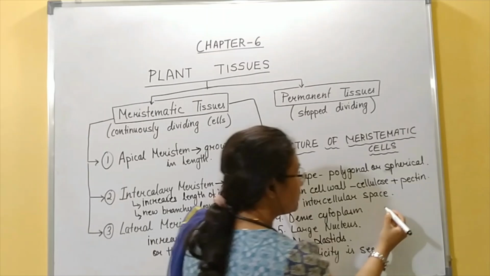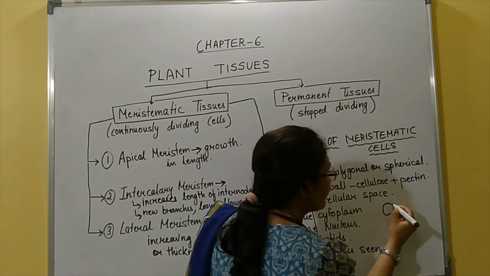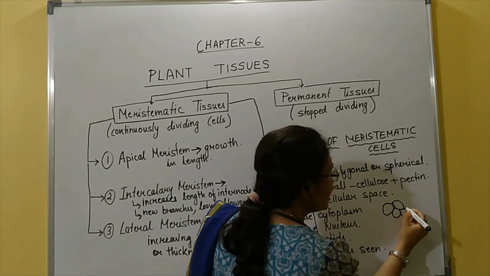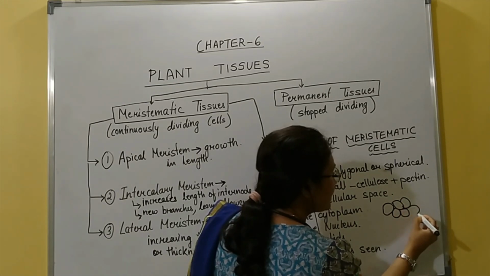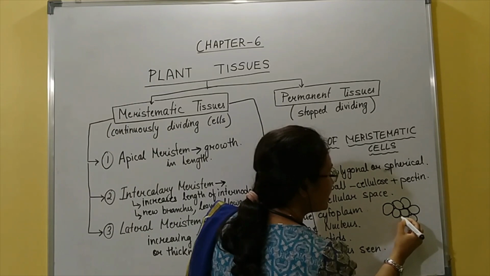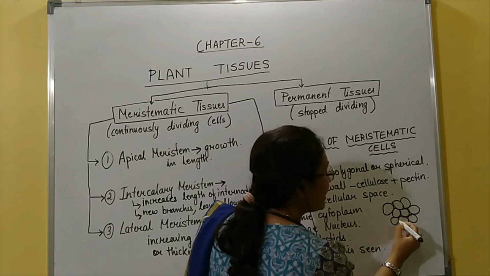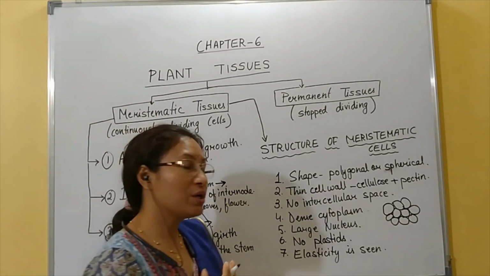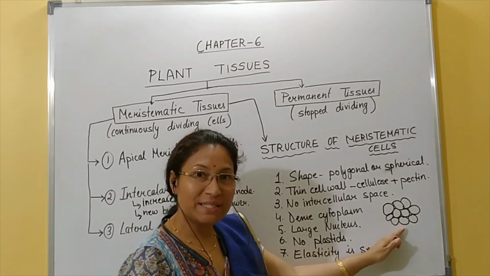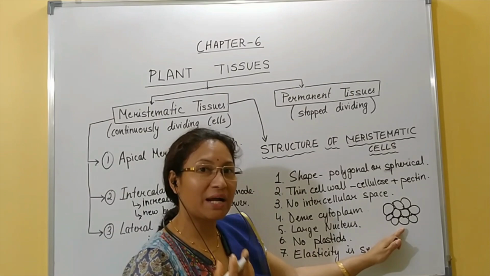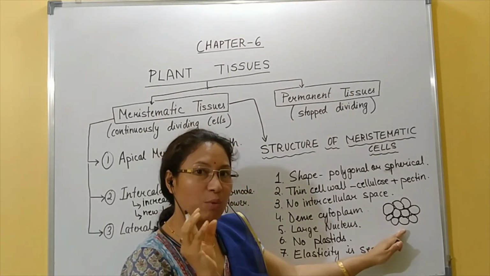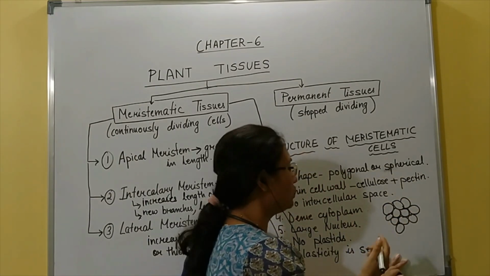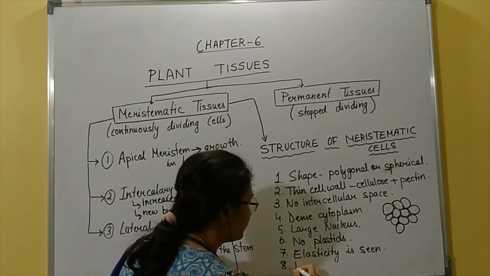If I draw it, the cells will look like this. Very tightly packed, small cells, constantly dividing, and because they are constantly dividing, they will have no time to store food in them. That's why there will be no large vacuole, though there can be small vacuoles present. So there can be small sized vacuoles, no large vacuole.